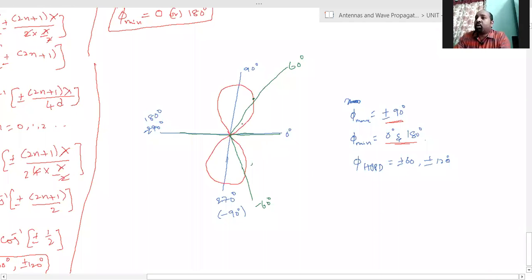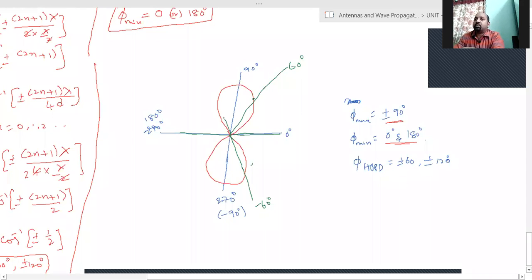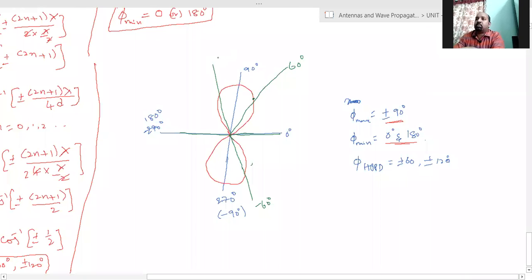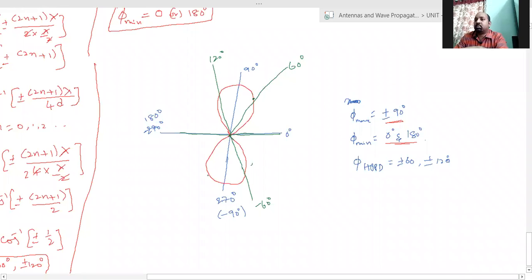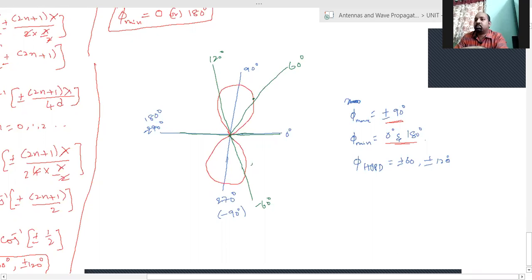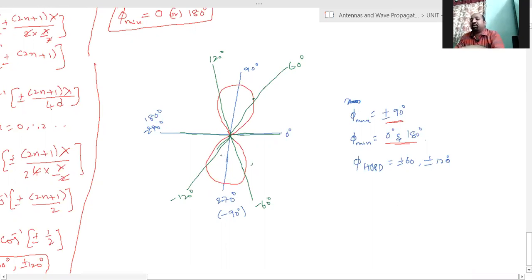And 120 degrees, and minus 120 degrees, like this. So we have indicated all the directions.